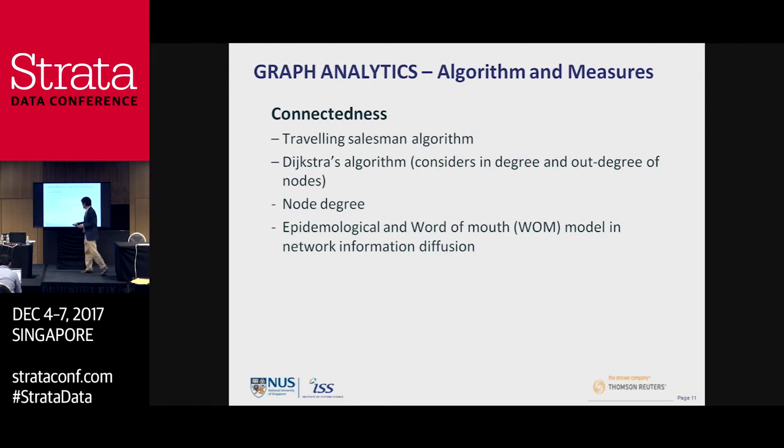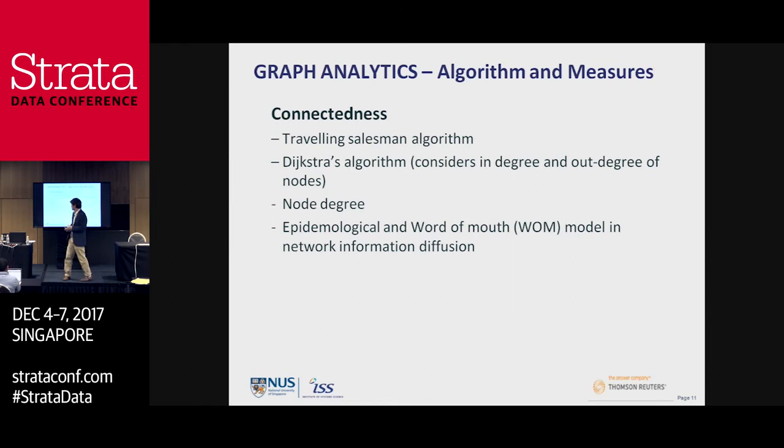We also have epidemiological and word-of-mouth models in network information diffusion, something which I'm doing research on in the financial sector. We all know that finance is influenced not only by fundamental factors, it's also influenced by behavioral factors, how news is communicated in the network, in social media.